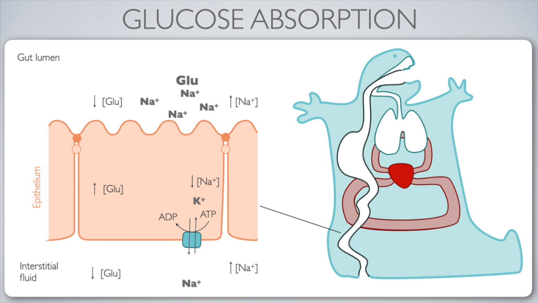Because chemical diffusion favors sodium rushing into the interior of the cell, you can think of this almost like a dam that has a certain amount of potential energy. And then if you allow the dam to open, you can capture some of that energy as it moves down its gravitational gradient. Here, this separation of sodium ions from the exterior into the interior is similarly a source of energy.